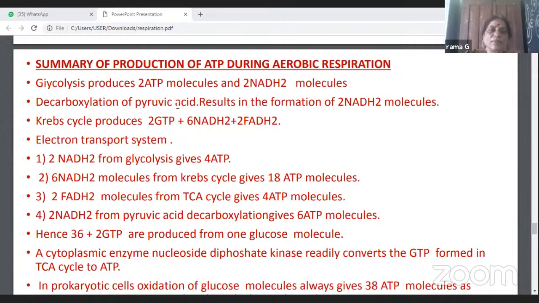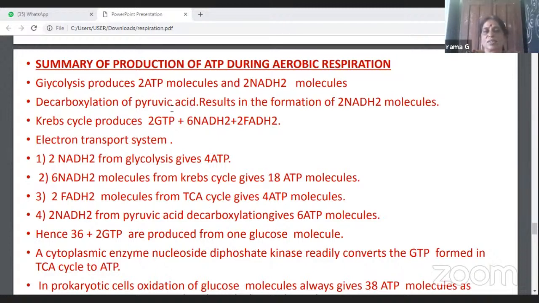So this pyruvic acid, by undergoing decarboxylation reaction, becomes a 2-carbon compound which is added with the coenzyme A and becomes acetyl coenzyme A, which is a 2C compound, and 1 carbon will be released in the form of carbon dioxide. There 2 NADH2 molecules are produced in this interconnecting reaction, that is decarboxylation.